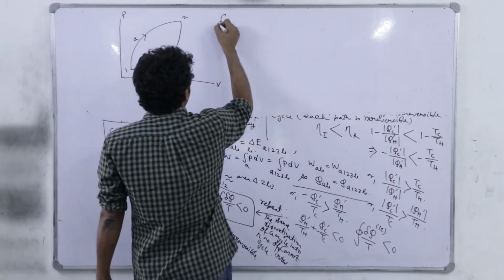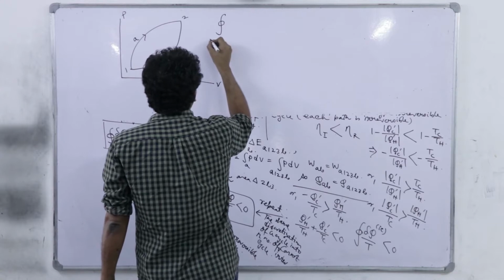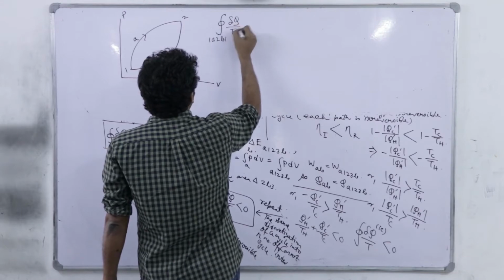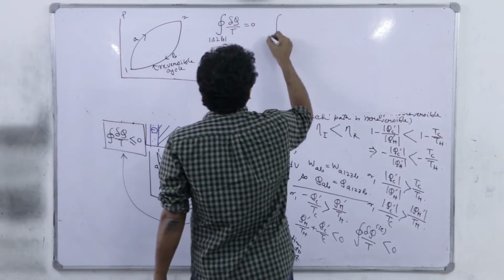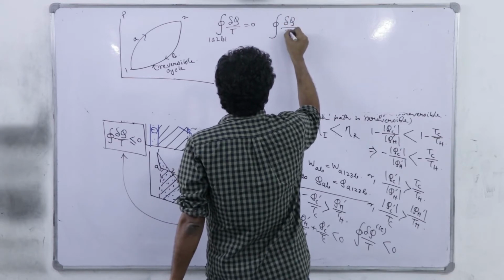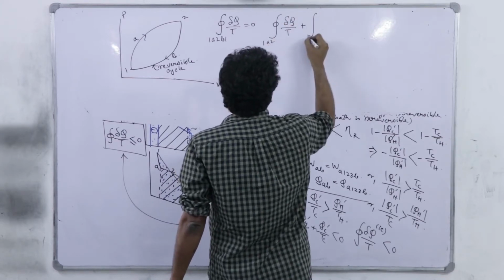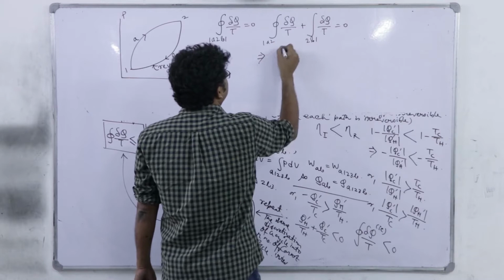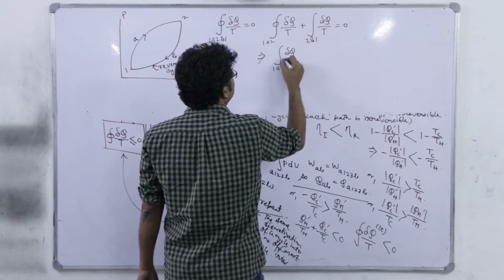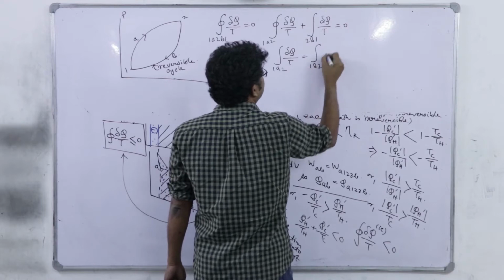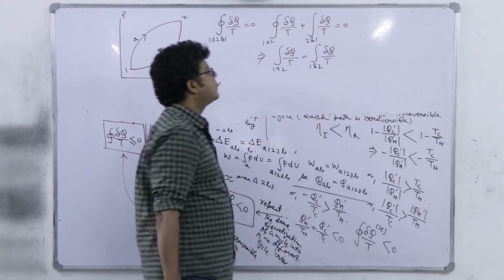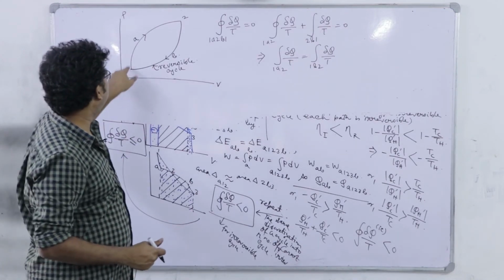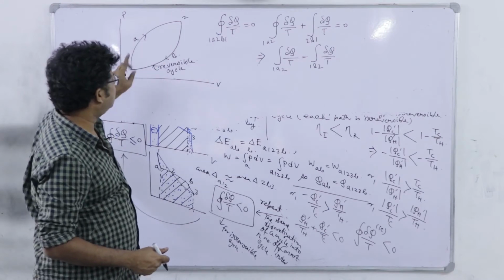So, cyclic integral according to Clausius statement of inequality 1A 2B1 del Q by T equal to 0. So, which means del Q by T along 1A2 plus along 2B1 is equal to 0. And if I change the sign, 1A2 del Q by T equal to 1B2 del Q by T. So, no matter what the path, for this path and this path it remains the same.